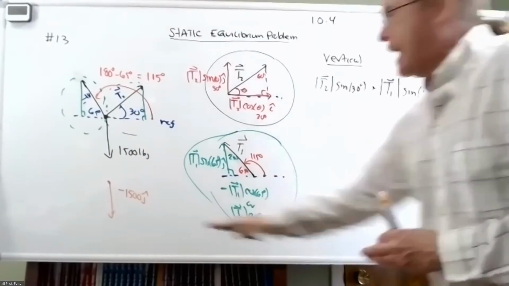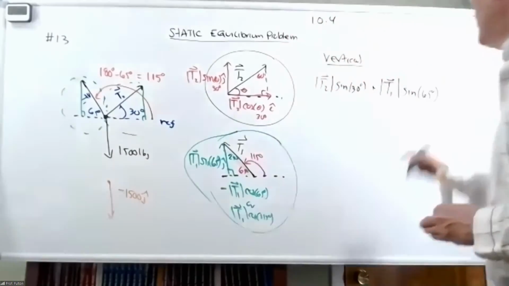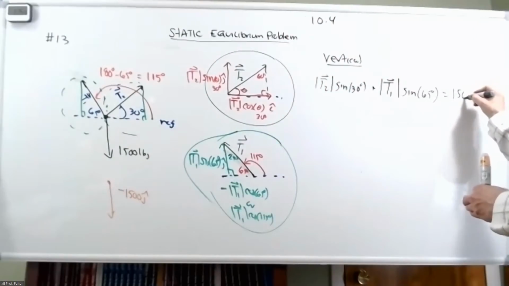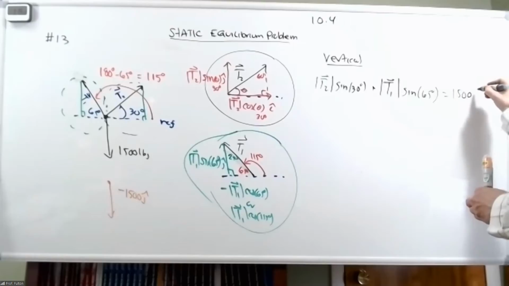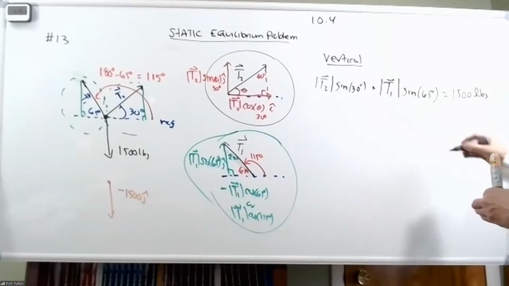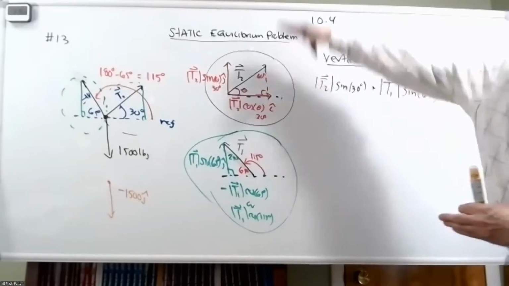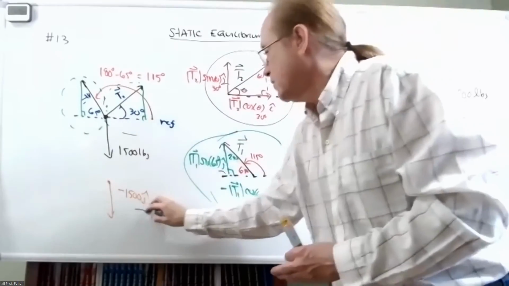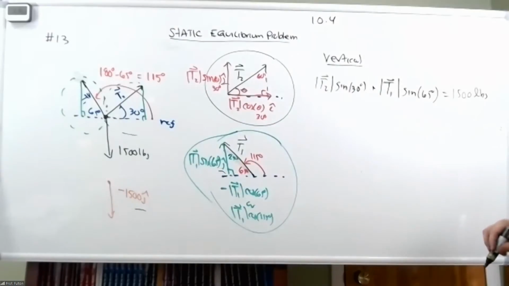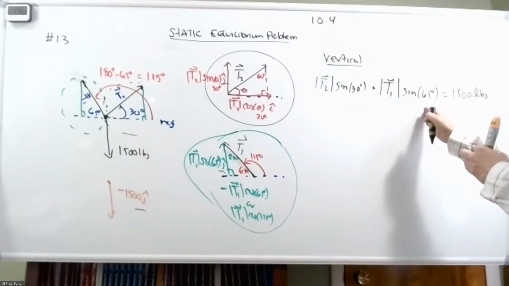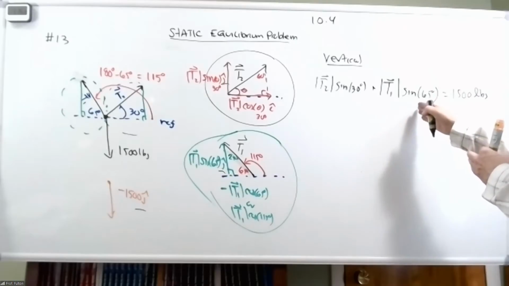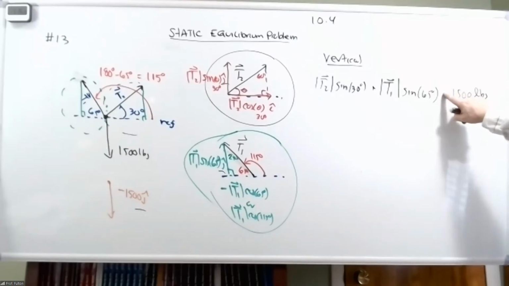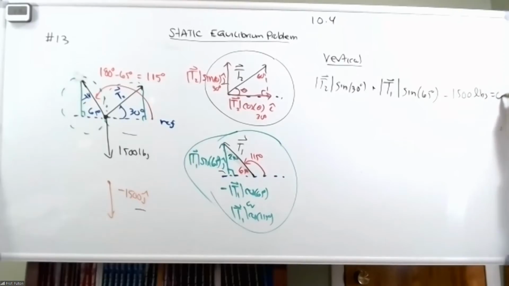These have to balance out this force over here, so that has to equal 1,500 pounds. These are all the verticals, the J's together. If I put it on this side, it would be a negative, and those would have to be 0, balancing each other out.